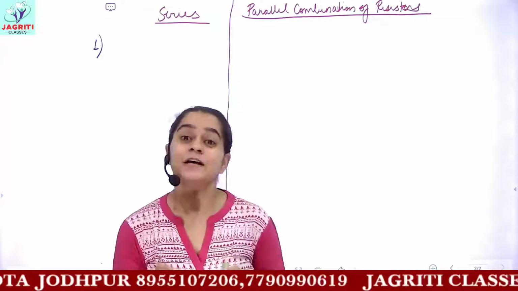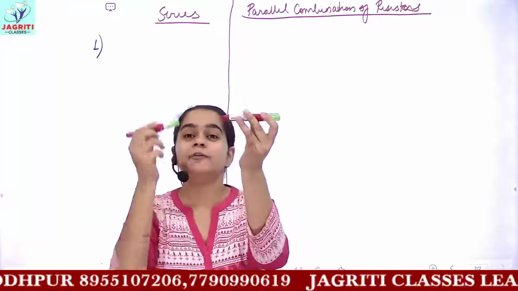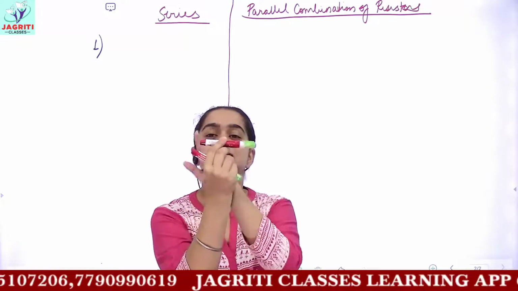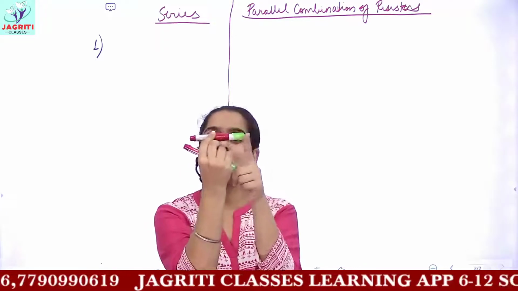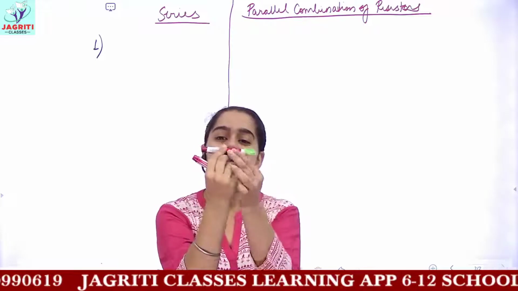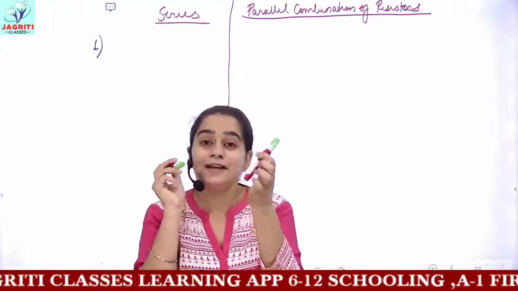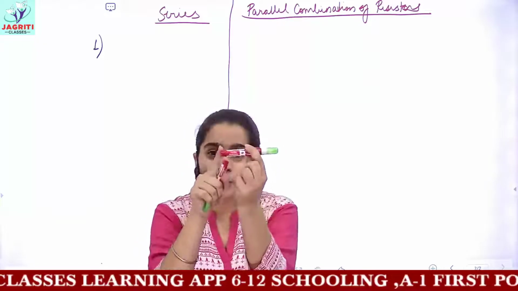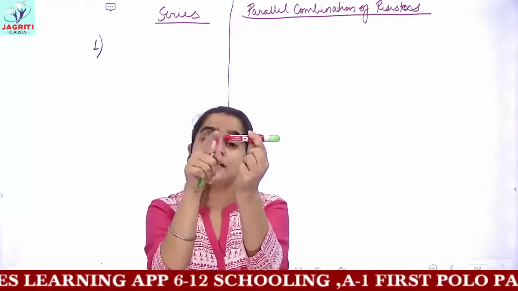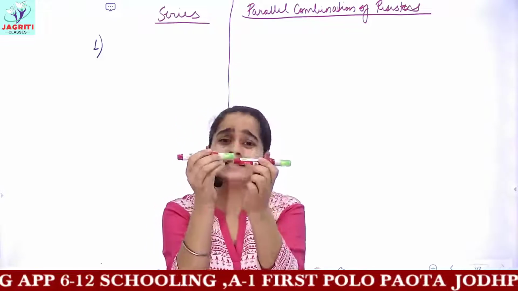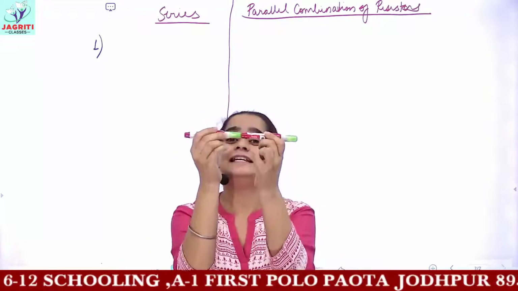So how will you do that? This is the starting point and the ending point of the first resistor, and then again you have the starting point and the ending point of the second. When you combine the end point of the first resistor with the starting point of the second resistor, this kind of combination is known as series combination.